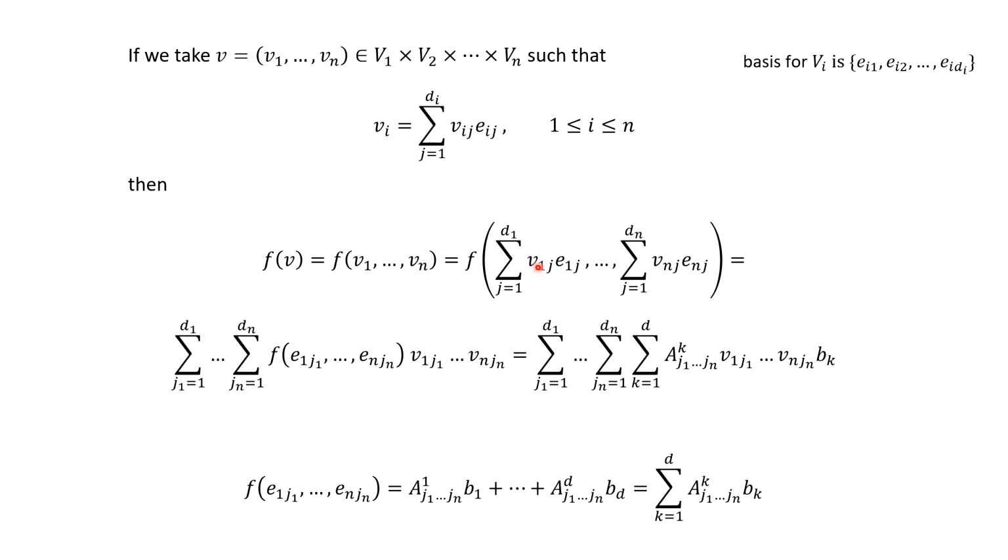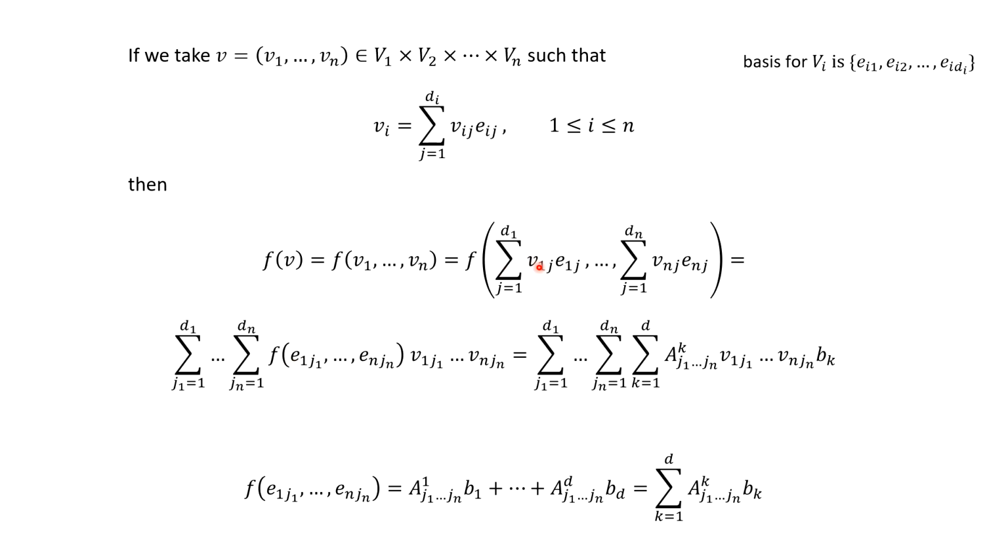So we have v1, you notice there's a 1 here and here, and then we sum over j from 1 to d sub 1. And we continue all the way up to the nth term. That's this summation here. So this is just plugging in. And then the next step is the linearity property for a multilinear transformation.